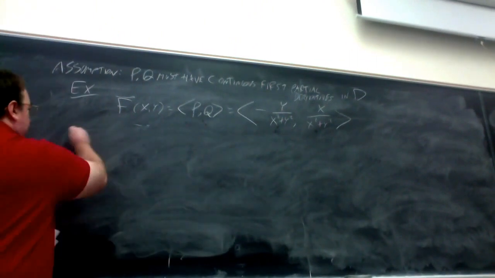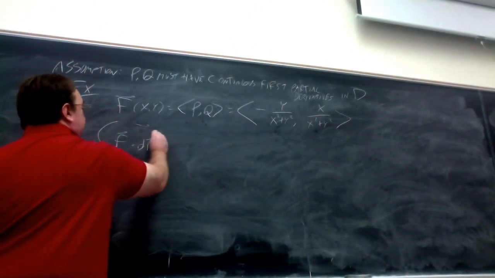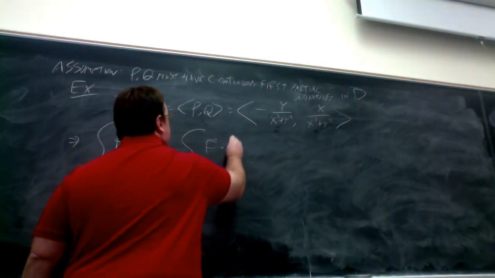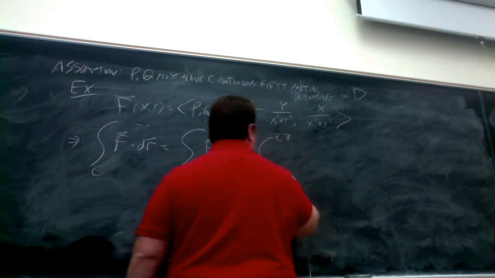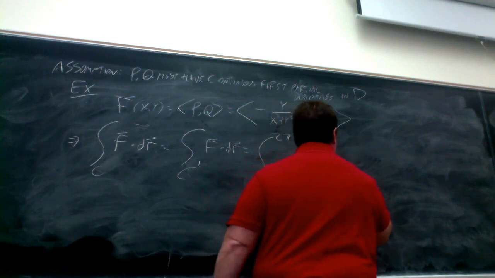So the line integral over the boundary that I really care about is now the integral over the circle of radius A, and that's going to be the integral from 0 to 2 pi of P dx plus Q dy.